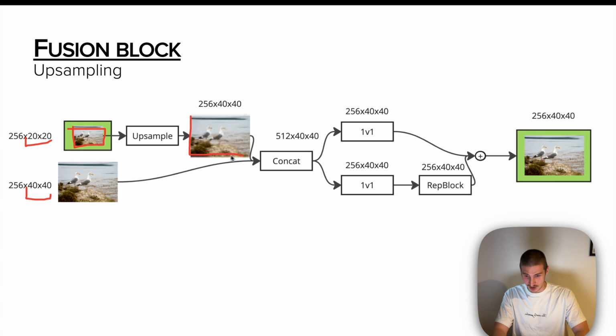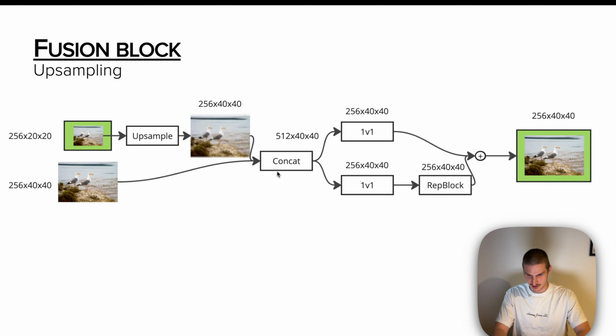So this is called bilinear interpolation, because you try to approximate the pixel values on this high resolution image, not taking into account any outside information. So as you can see on my slide, this image is the same size as this image, but it's more pixelated because of that. Then we concatenate them together along the embedding dimension.